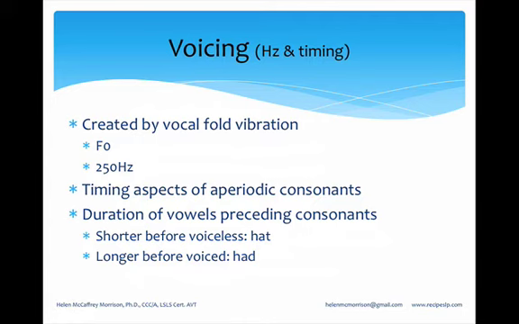So if you have a listener that doesn't hear consonants very well, if you precede that consonant with a vowel so that you have that duration of the vowel as a cue, you can enhance the accessibility of that consonant. You can help the listener know something about whether or not that consonant is voiced or voiceless.